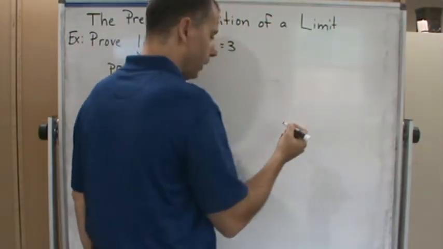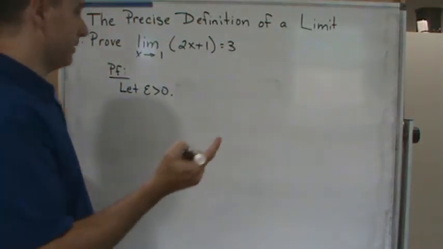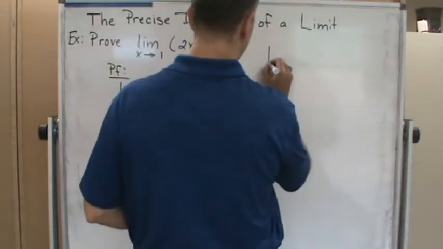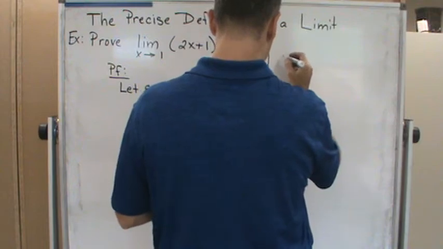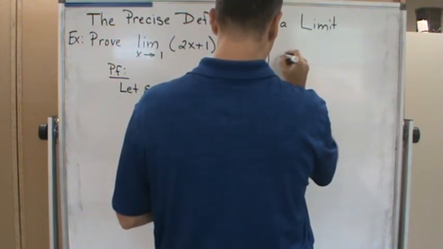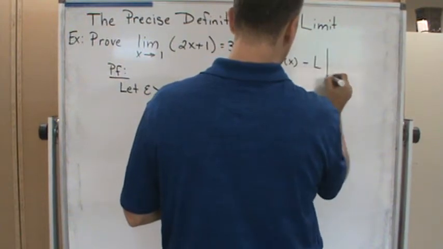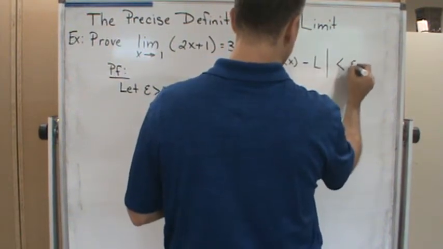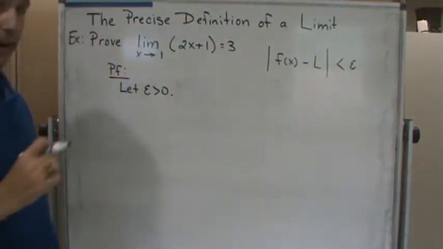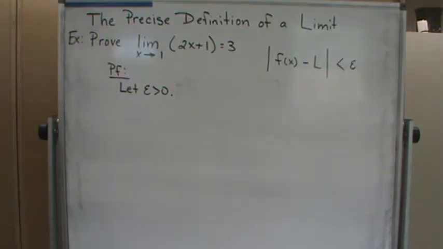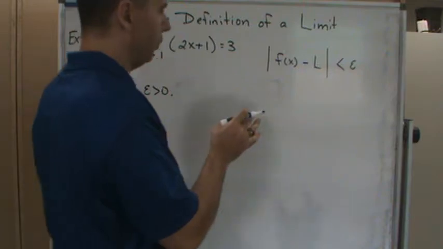Well, I know that my distance from L, so |f(x) - L|, is going to be less than epsilon, right? And so now what we're going to do is we're going to manipulate the expression, and what's the point? What am I trying to get to?